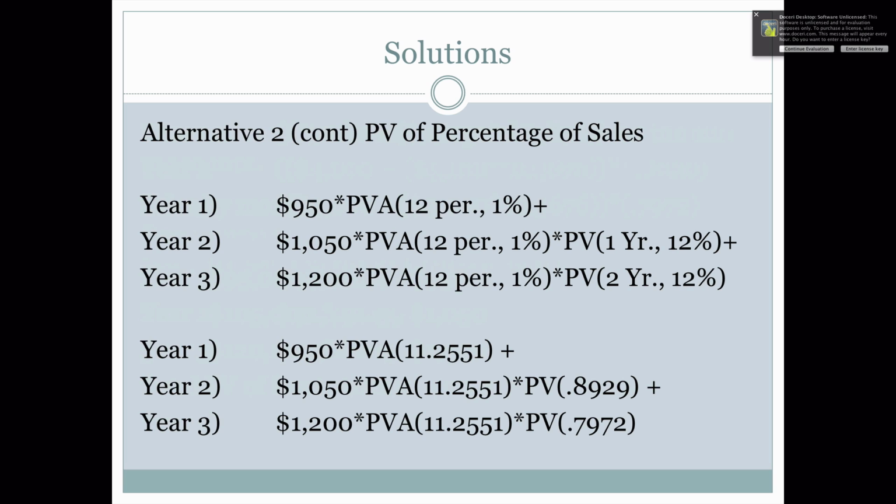So we do the calculation of 950 times PVA of 12 periods of 1%, and that PVA multiplier is 11.2551. Again, these problems look kind of the same, whereas in year 2 and year 3 we need to go ahead and take our answer and then discount it by 1 year at 12%. 1 year at 12% is 0.8929, and 2 years at 12% is 0.7972.